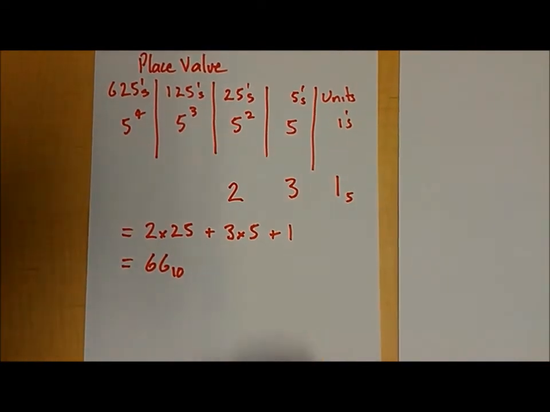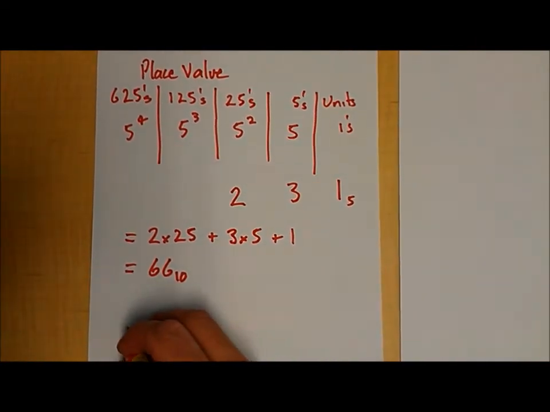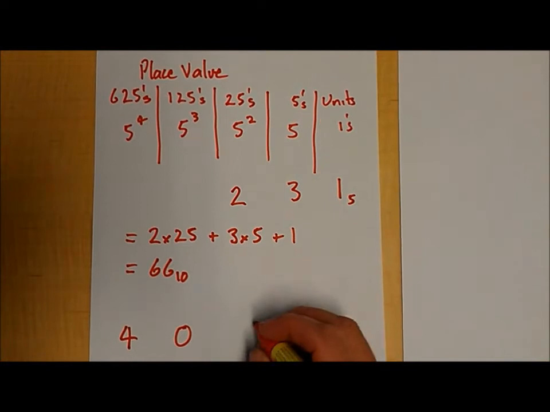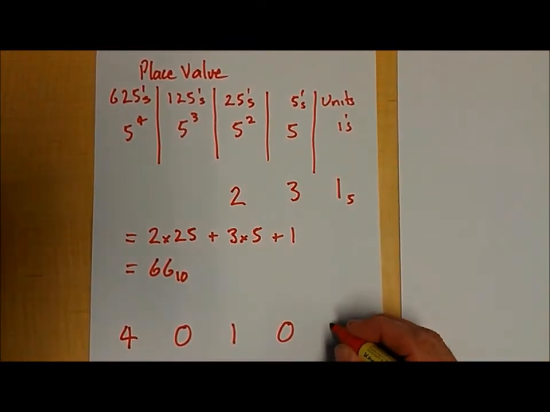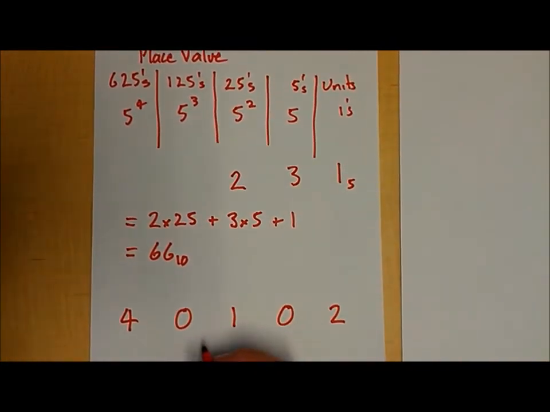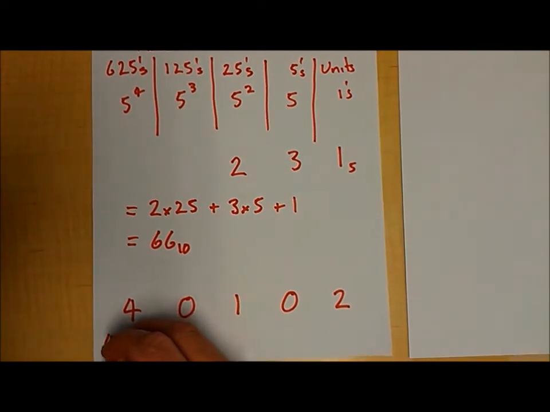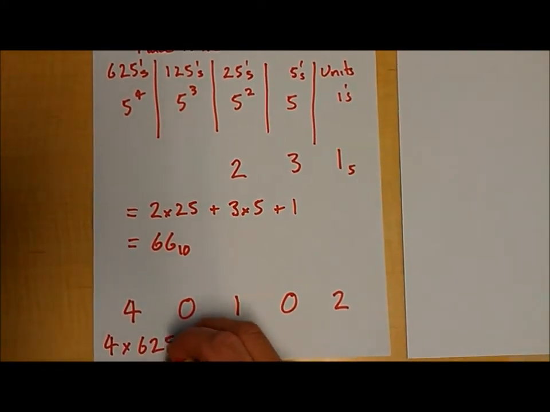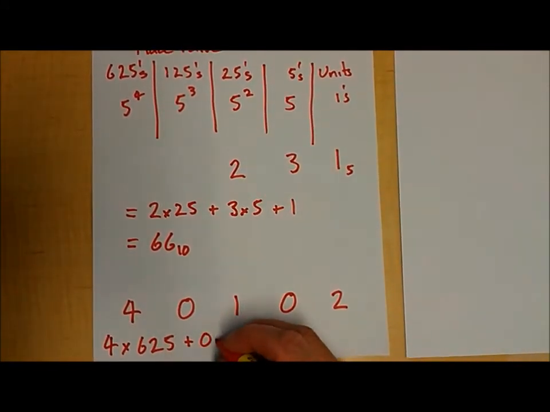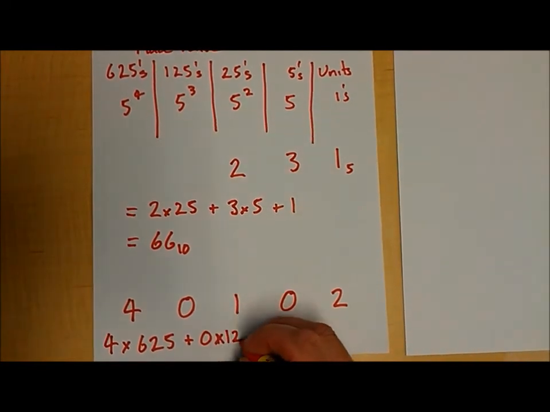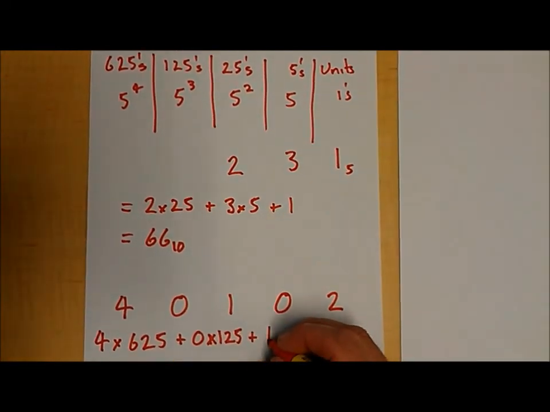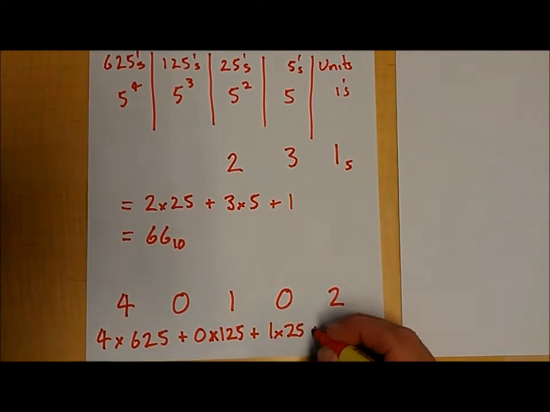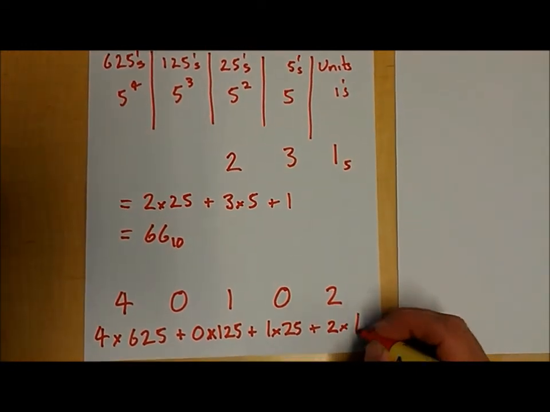So if we just do another quick example, I'll do a bigger one. So if I go 4, 0, 1, 0, 2, then I've got 4 lots of 625, no 125s, 1 lot of 25, plus 2 lots of 1.